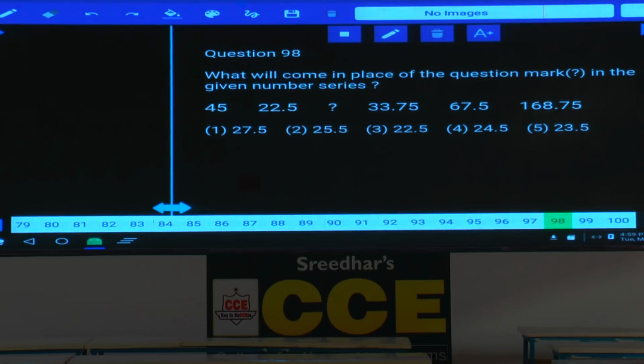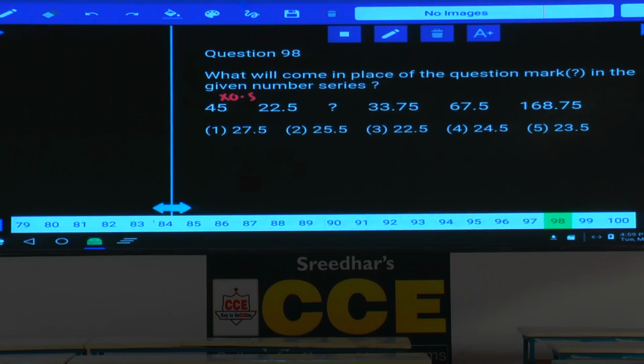Then coming to 98, 45 and 22.5. Tell me how you can express this one? The number first decreased, and from then onwards it is increasing, hence it must be under 0.5. 45 into 0.5 is how much? 22.5, isn't it?